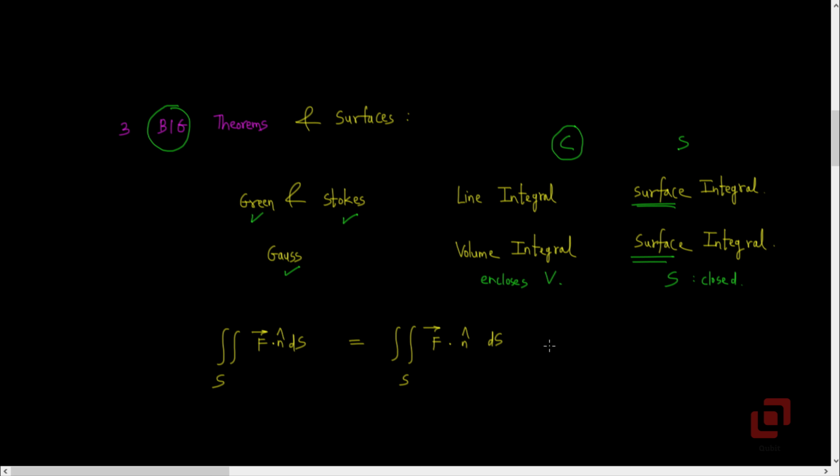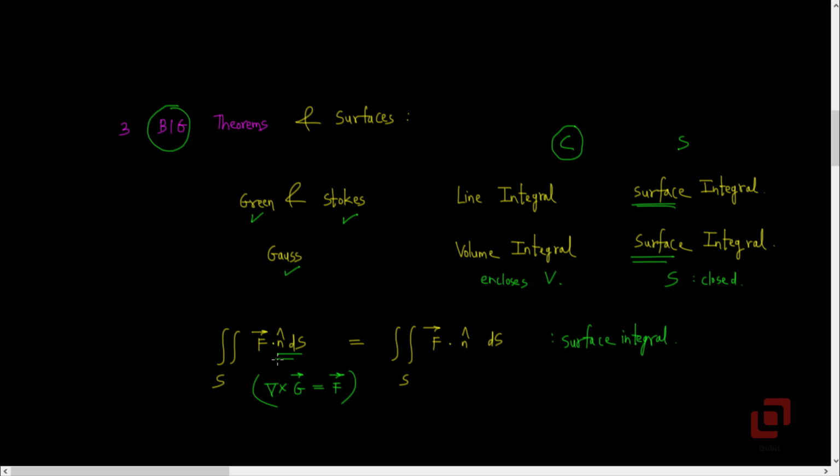A typical surface integral looks like this. F bar can be a given vector function or field, or in the case of Stokes theorem, it can even be curl of some other vector function g bar.